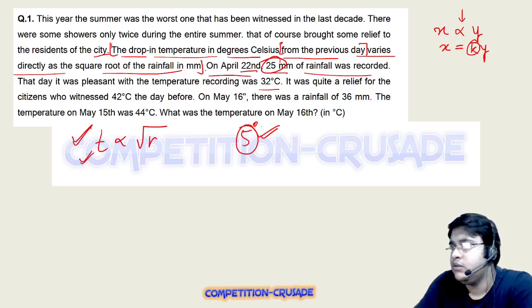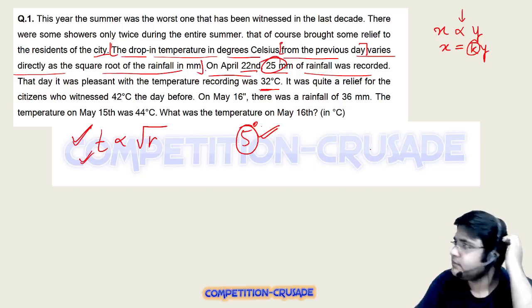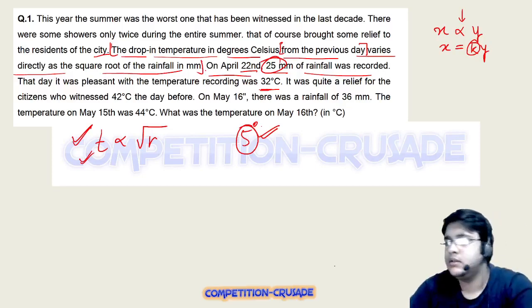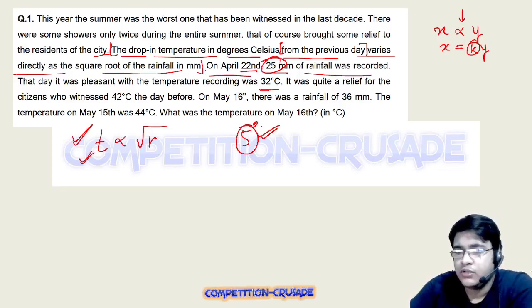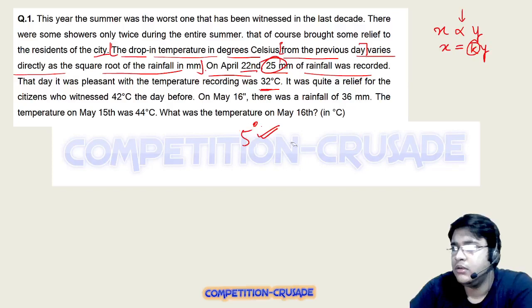Now what do I need to know? That day it was pleasant with the temperature recording was 32 degrees Celsius. Okay. So what can I do with this? So far everybody is clear with the statement. Okay, let me clear out some space.